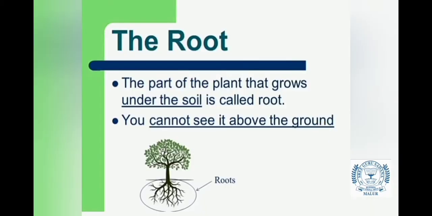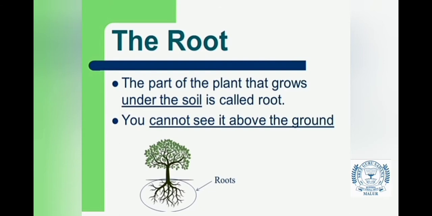This process is known as germination. When you plant a seed and it gets the right amount of air, water and warmth, it will start growing into a baby plant.